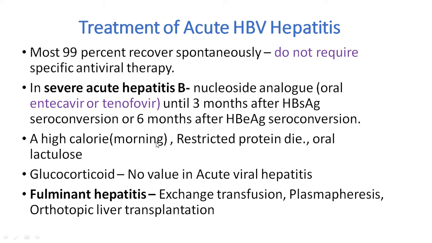Then you give a high calorie morning diet, restricted protein, and oral lactulose, to avoid hepatic encephalopathy, which is a complication of severe hepatitis B infection. Glucocorticoids have no value in acute viral hepatitis, but in the chronic stages they can be given to decrease inflammation. Fulminant hepatitis requires exchange transfusion, plasmapheresis, or liver transplantation.